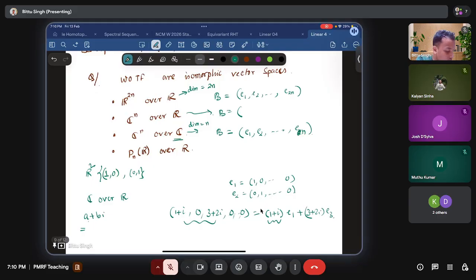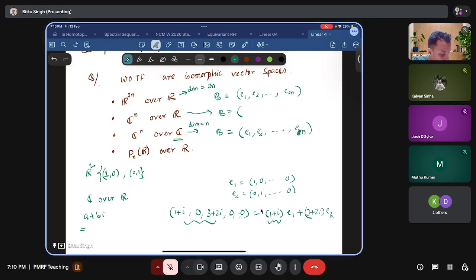So this can be written as A times 1 plus B times I. So C over R has basis 1 comma I. Let me put it in second brackets, otherwise this may cause some confusion. I wrote first brackets because those are ordered bases, but second brackets are also fine. So 1 comma I is a basis for the complex numbers over the field of real numbers.